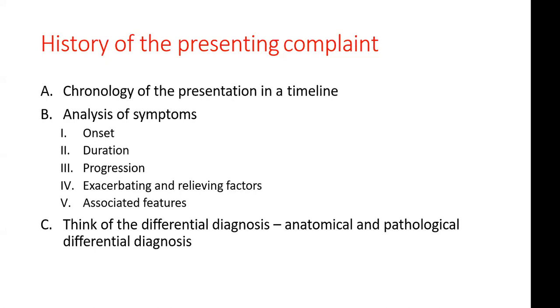So for each of these symptoms, make sure that in your description, you have included these 5 important points. When it started, how long it lasts for, what the progression is, are there any exacerbating or relieving factors, and are there associated features. So for each symptom within your timeline, make sure these 5 points are described somewhere.